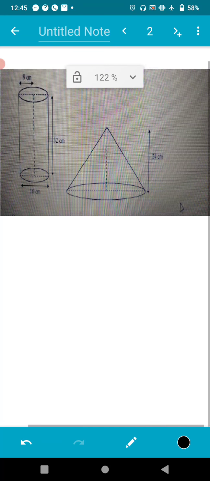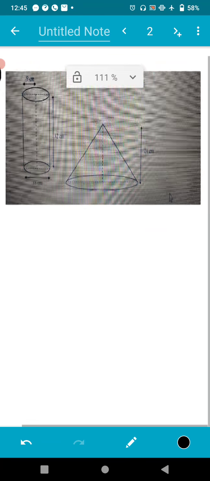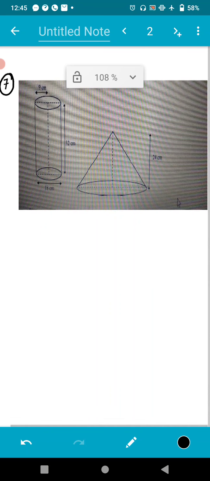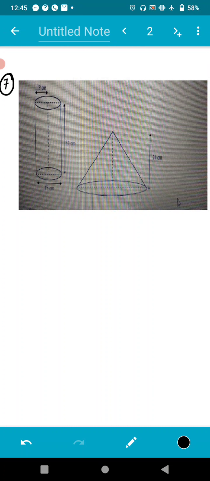This is question number 7, as you see in the figure. Let me read the question first.